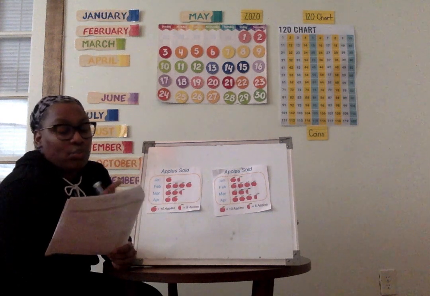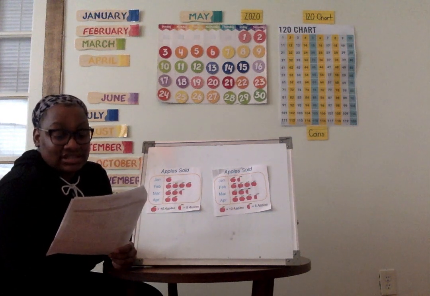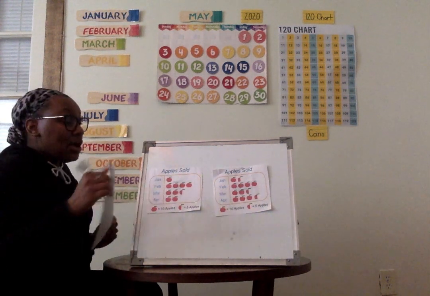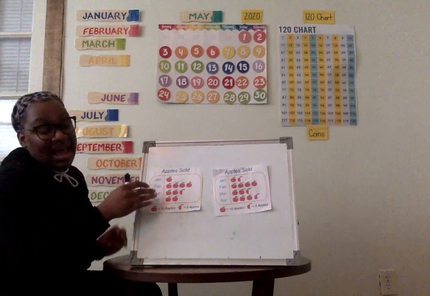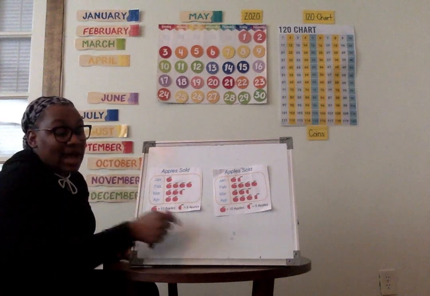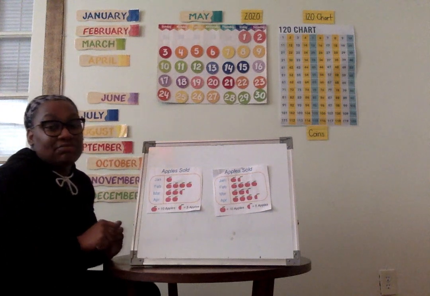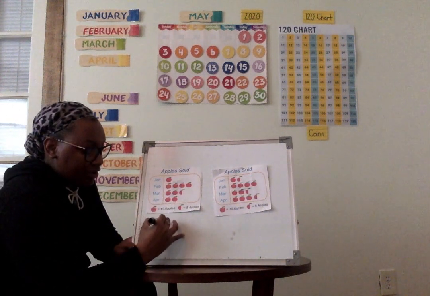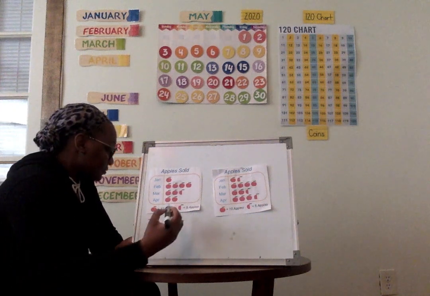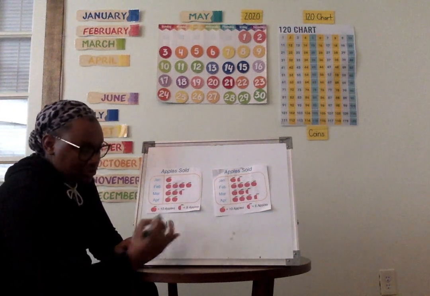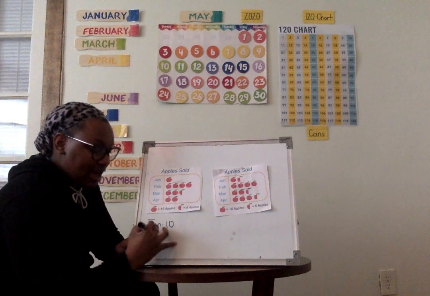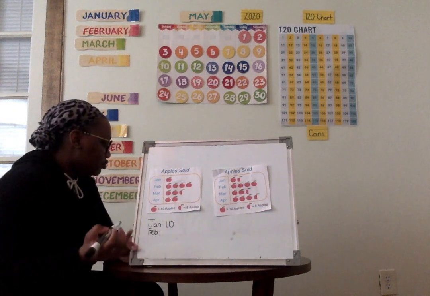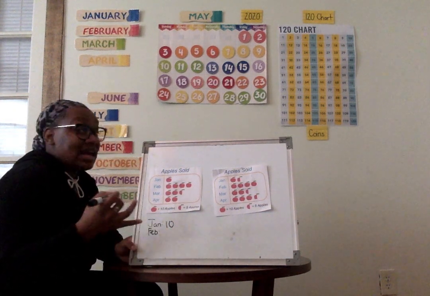We want to know which graph matches this information. Because she got so many different apples in different months, I'm going to write the amount of apples she got each month so I don't forget. So, in January, Miss Schwartz got 10 apples. In February, she got a lot of apples this month.